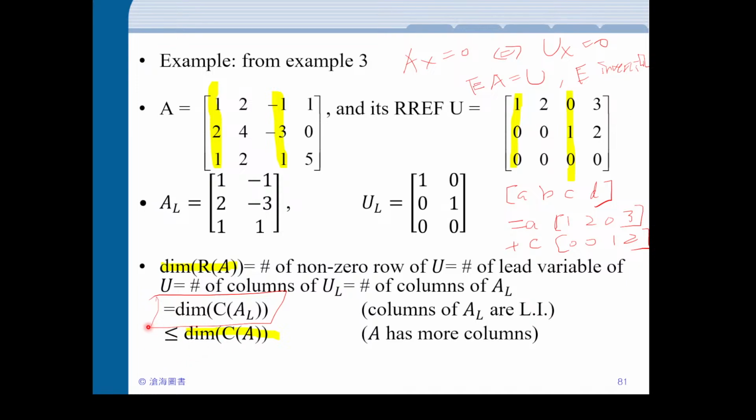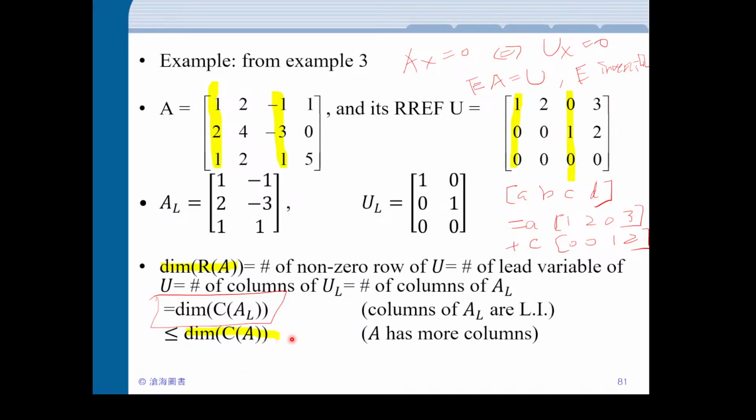We have the dimension of the column space of AL is less than or equal to the dimension of the column space of A. And this is just because A has more columns than AL. So A has those columns and the other two columns, and when you add more columns, you will only span more space because there are more linear combinations you can make.